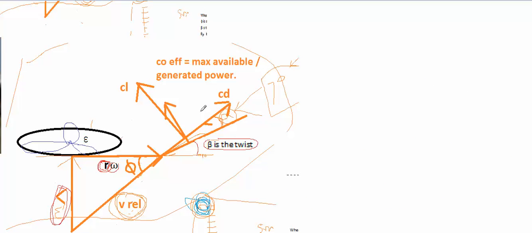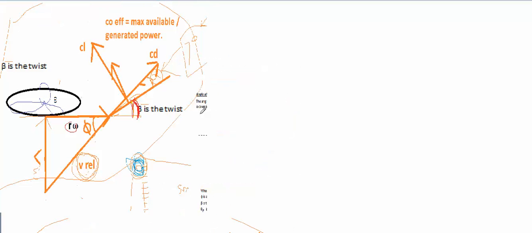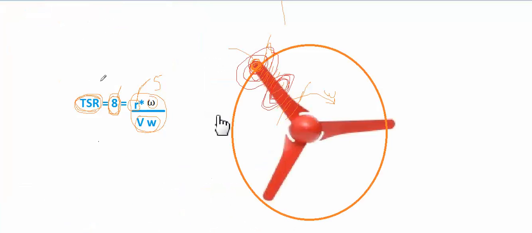Now let's analyze the final element, the last element right here. This element has the tip speed ratio equal to 8. That means this element is experiencing the tip speed ratio of 8, but it doesn't mean that all the elements are experiencing the tip speed ratio of 8.